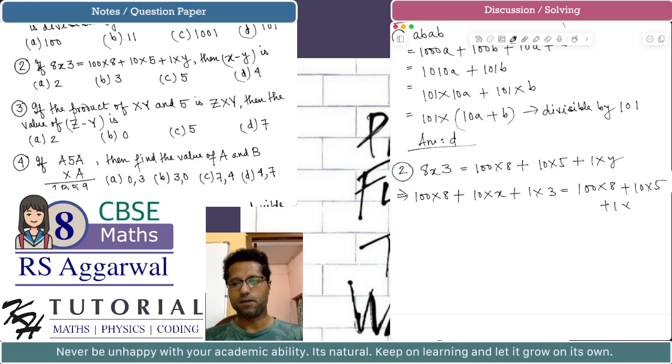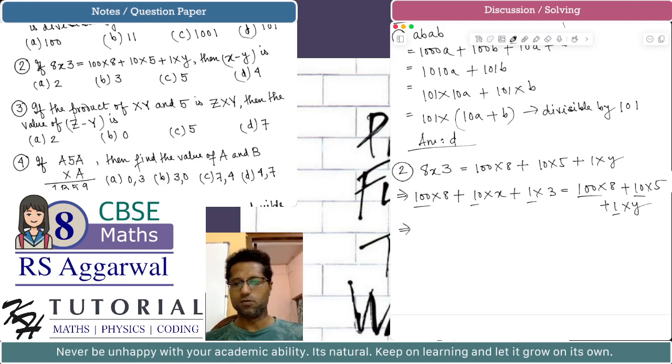1 multiplied by y. Now if you compare the factors of 100, 10 and 1 on the left hand side and the right hand side, we will get definitely that 8 is equal to 8, that is fine.